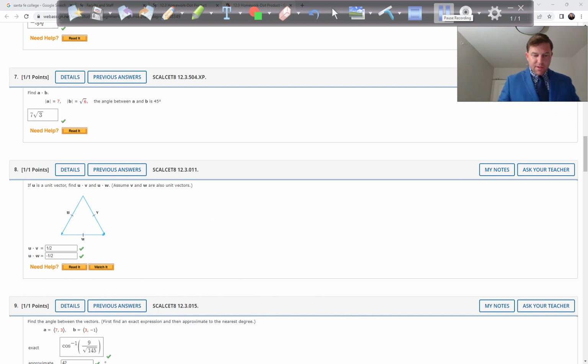Okay, problem 7. It gives us the magnitude of the vector A, the magnitude of vector B, and the angle between them.